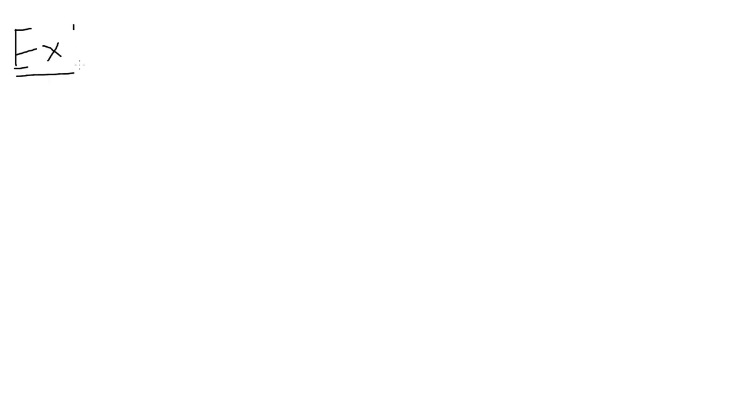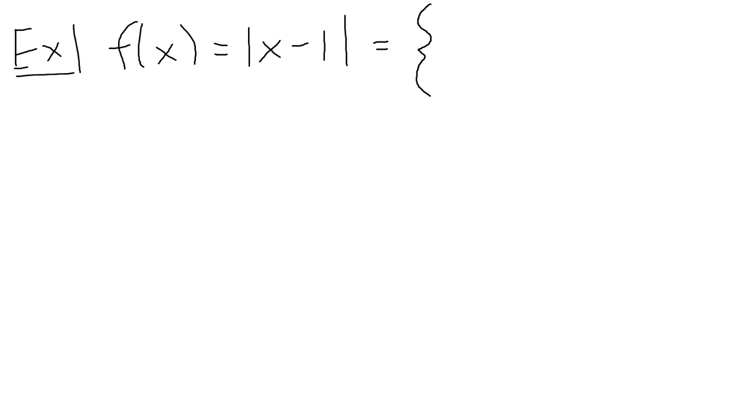All right, and then another example. This one is important because sometimes absolute values can be pretty confusing. So just to explicitly say what we mean by an absolute value, let's say we have f of x equals the absolute value of x minus 1.